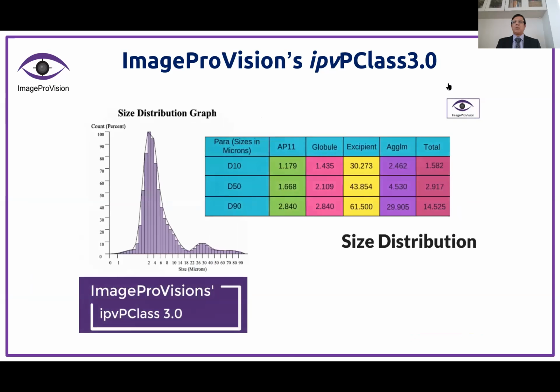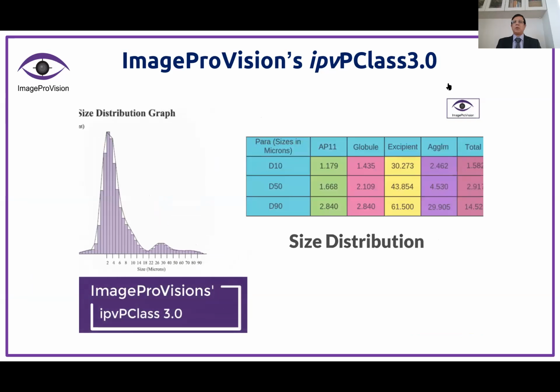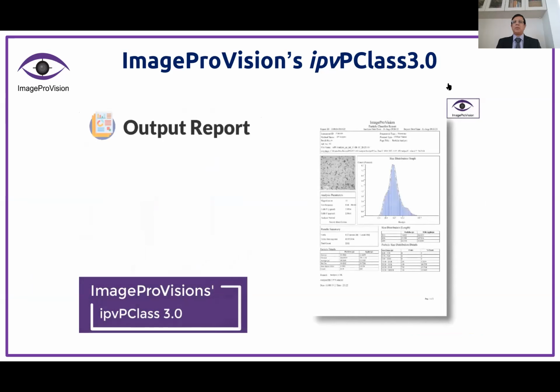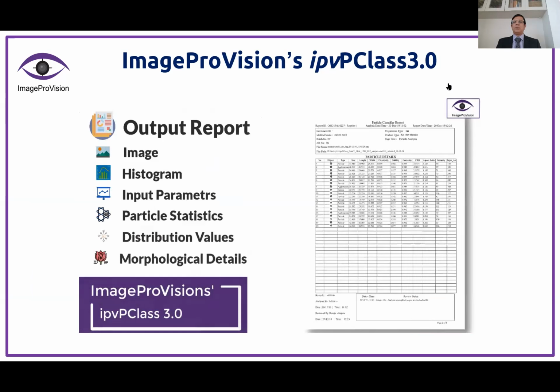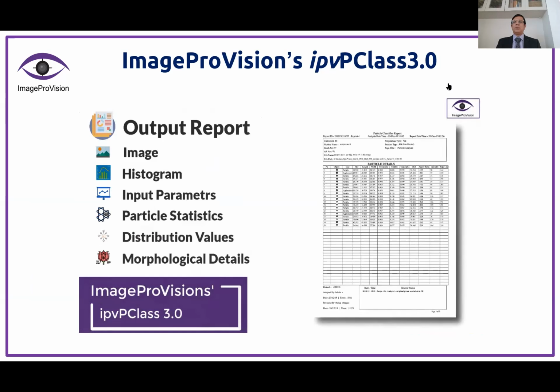Separate statistics is generated for each type of particle. The output is a well-designed report that provides representative image, histogram, input parameters, particle statistics, distribution values, and morphological details, which contains image of particles and other morphological parameters.